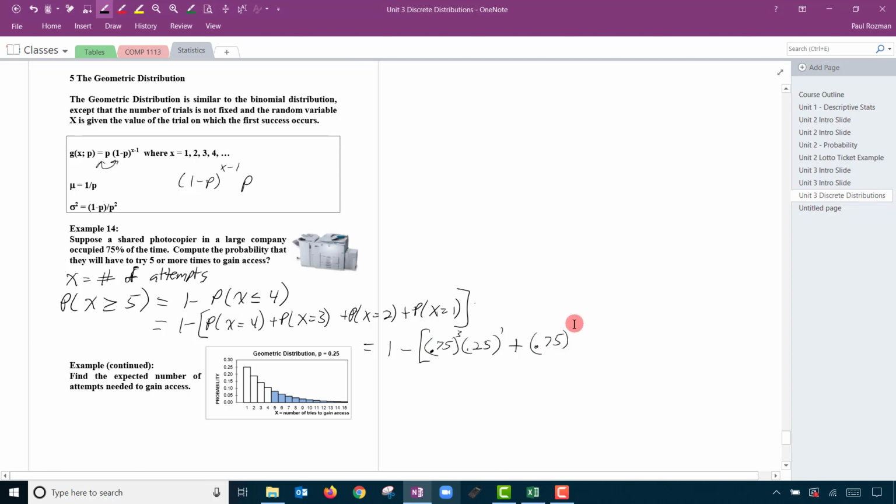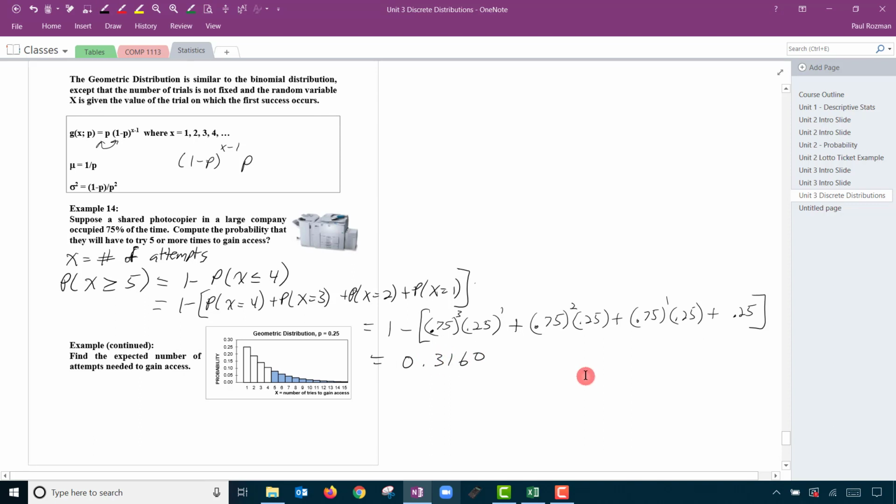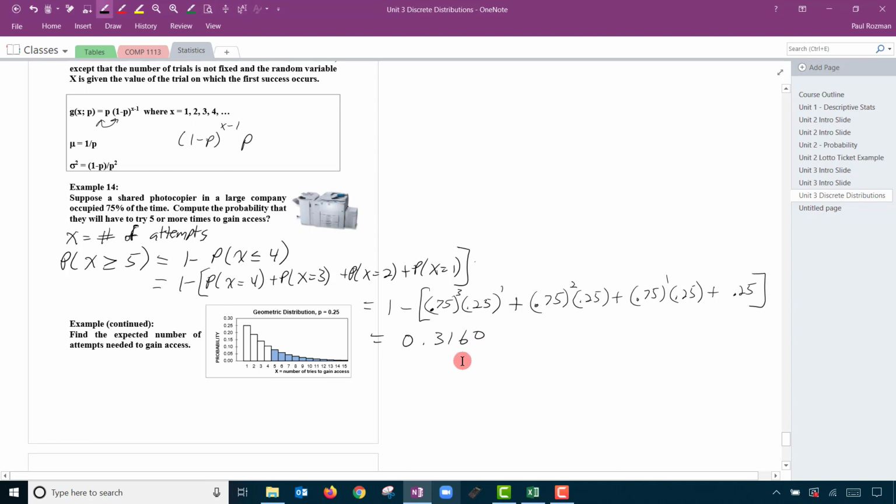Now I need to fail twice and then succeed. And then I have to fail once and then succeed. And then I just need to succeed. Doing a little calculation there, you get 0.3160. About 31% of the time, it takes me 5 tries or more.